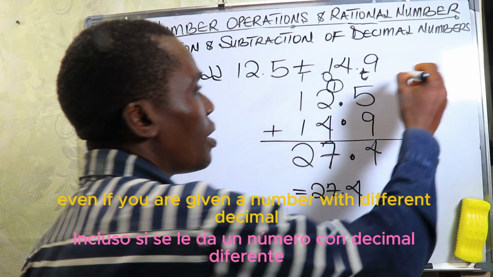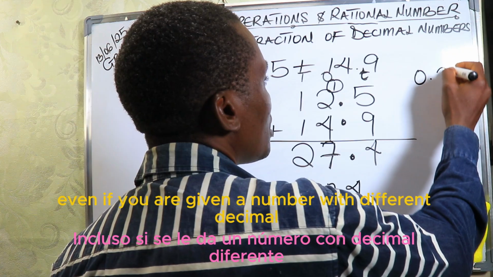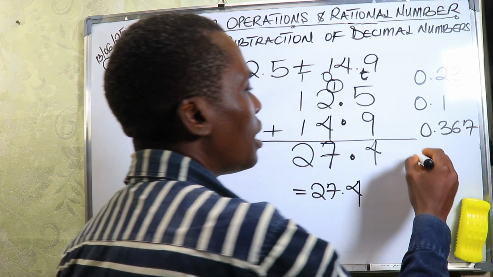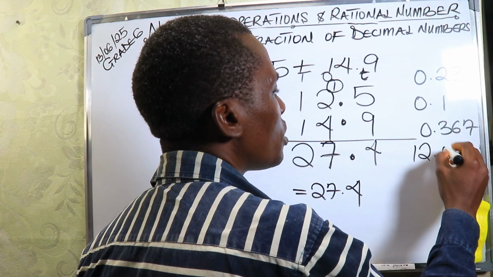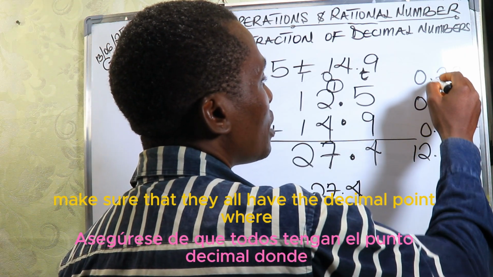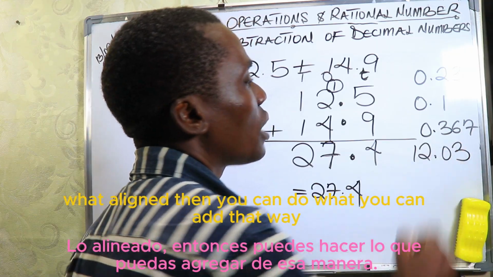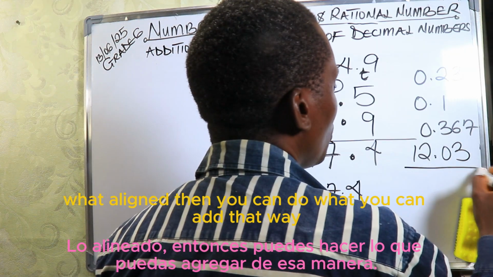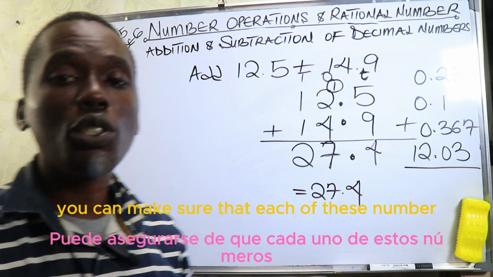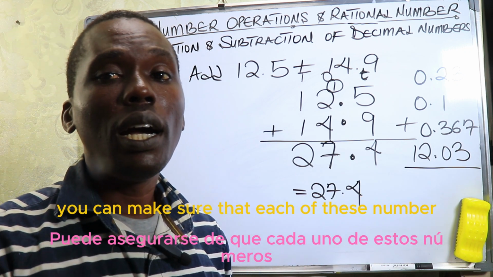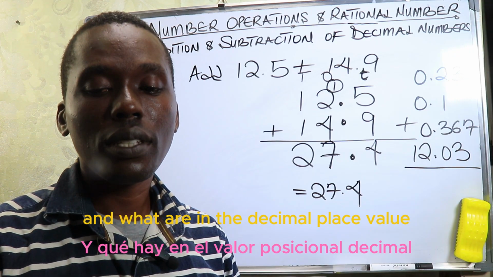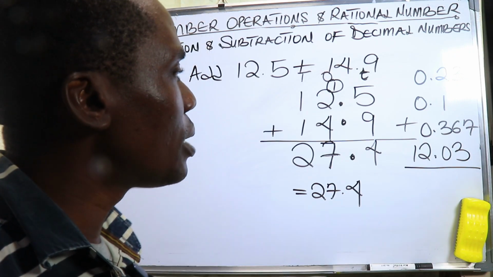Even if you are given numbers with different decimal places, you must make sure that their decimal places align. Then you can add. That way you can make sure that each of these numbers is in its decimal place value.